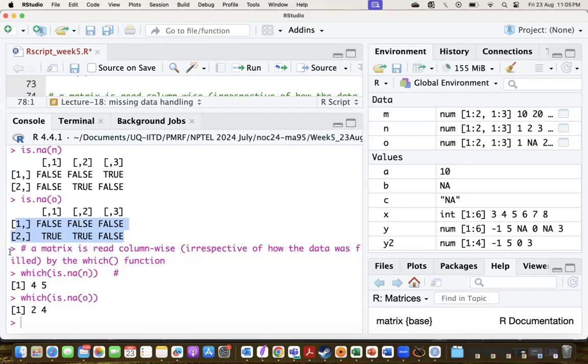So you're reading it column-wise, and then you're telling that in the first case the fourth and fifth elements are NAs because they're true. And in the next case, it is the second and the fourth element which give you this true value. Again, this is an extra example. You're not exactly supposed to know this, but if you do, it'll just help.